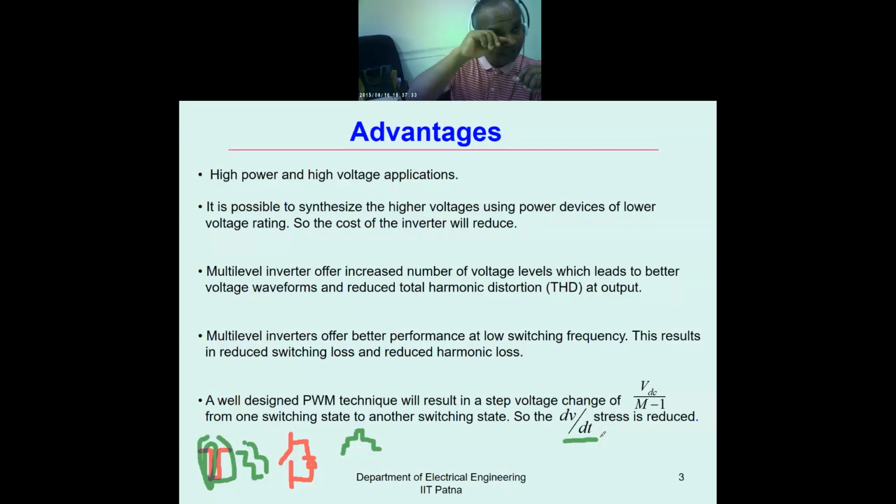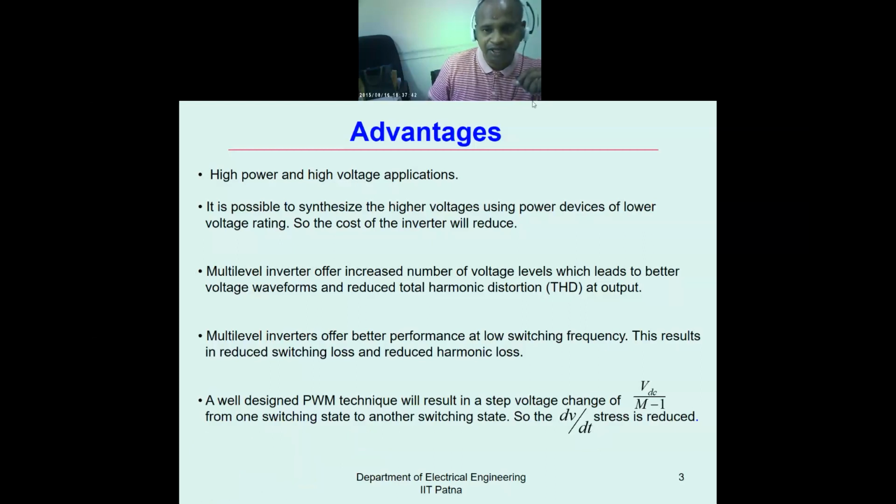Why? Because if you have a sudden change in dV by dt, in case of thyristors, we have already studied this, the VI characteristics of the thyristor. This is my current, this is my voltage.